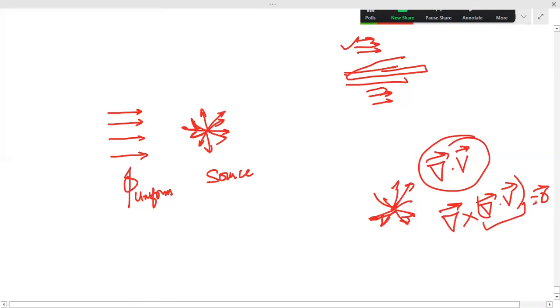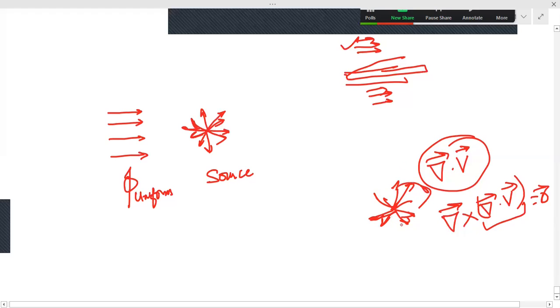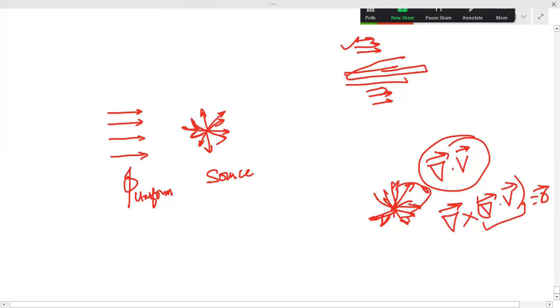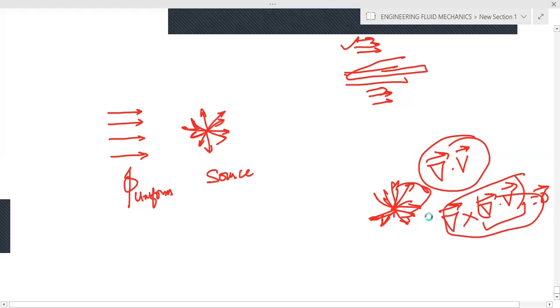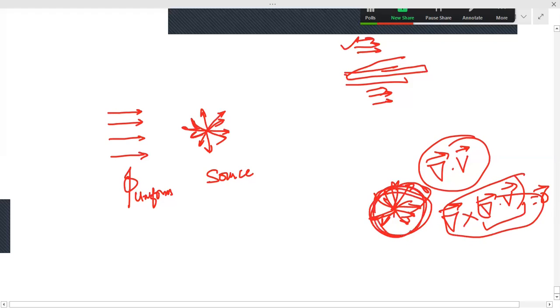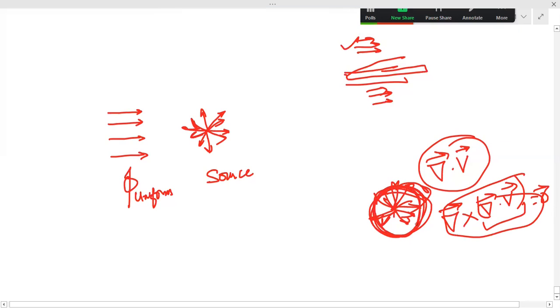You cannot have swirling around if something is diverging from a point. So this is also an irrotational region of flow.